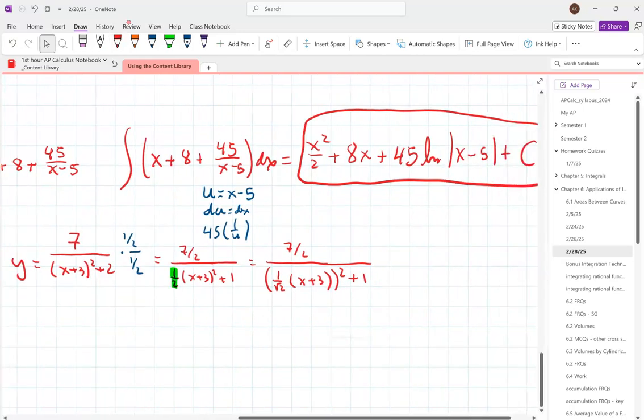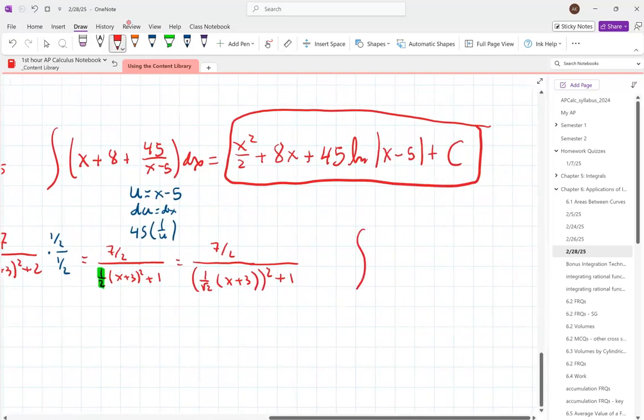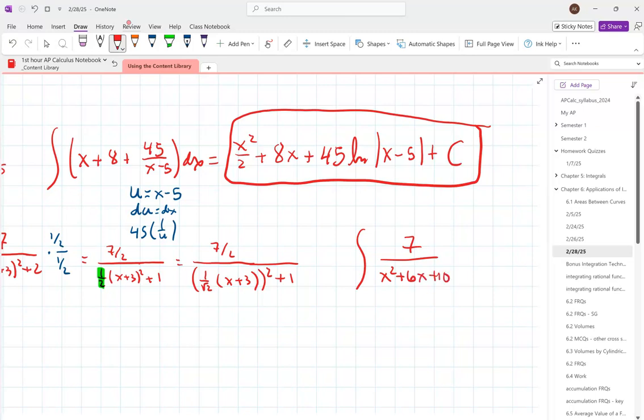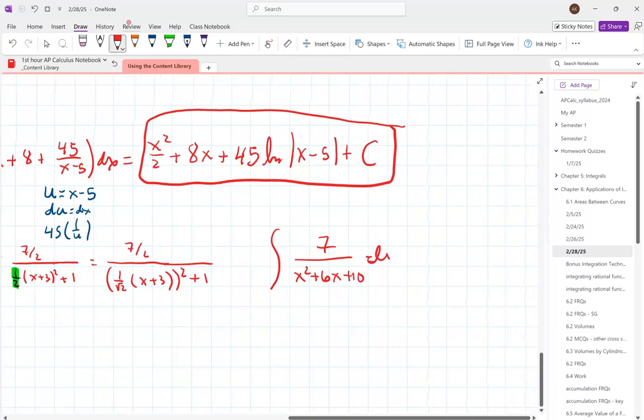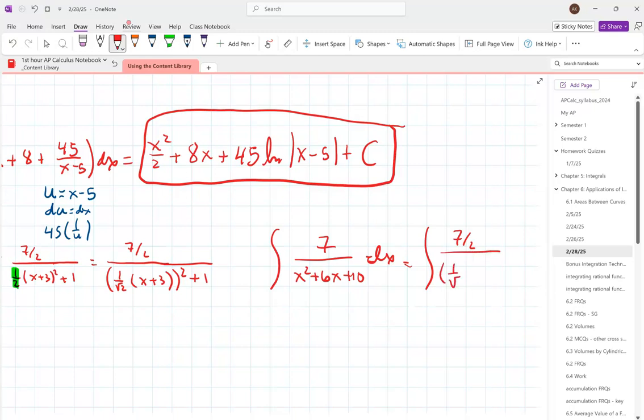And now I have it set up to where I'm ready to integrate. So I had 7 over... so that's going to equal the integral of 7 over 2, 1 over root 2 times x plus 3 squared plus 1, dx.